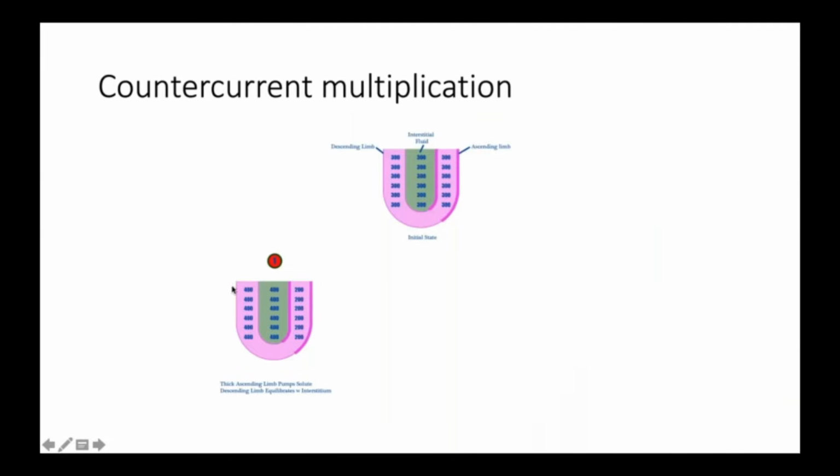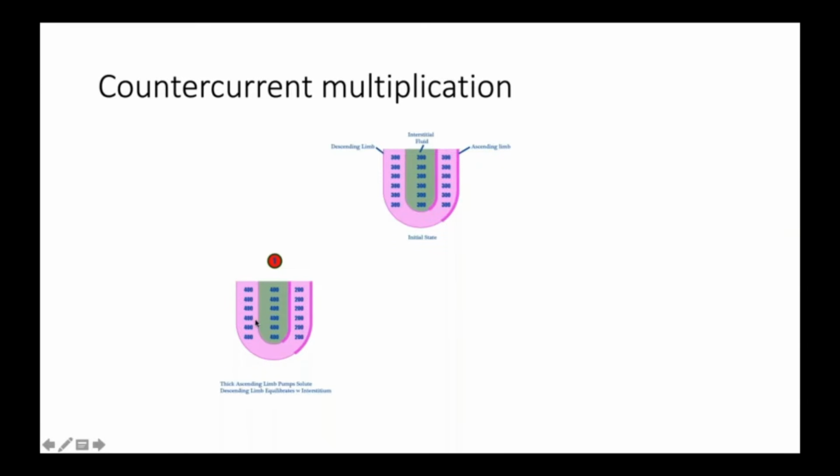So then it's just a matter of repeating the process, right? We have our initial state where everything is isotonic. And then first we're going to have movement of solute and not water in the thick ascending limb. So you're going to make the interstitium hypertonic and the thick ascending limb fluid hypotonic. And then that's going to equilibrate with the thin descending limb because water is going to move such that the osmolarity is equal across these two membranes.